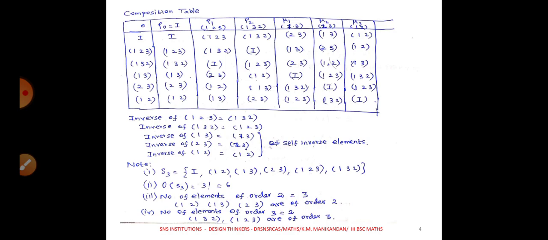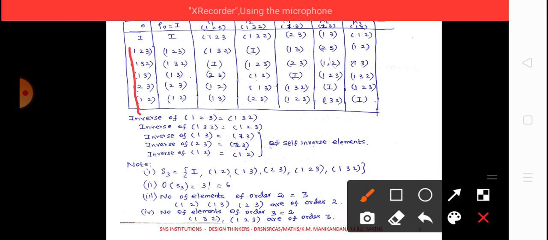Now we are finding the composition table for these permutations. In total we have 6 permutations written in the vertical column, and another 6 permutations written row-wise, and we compose them. Whenever a permutation is composed with the identity permutation, you get the same permutation.